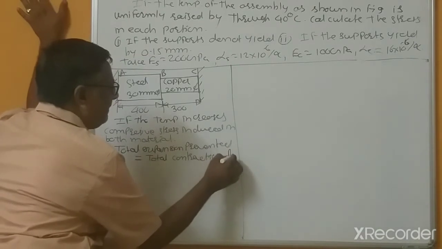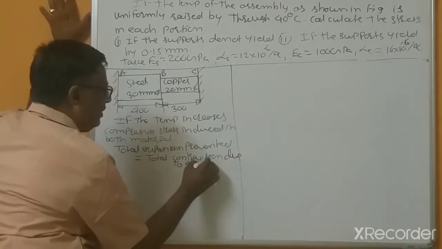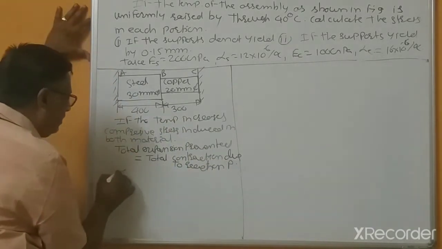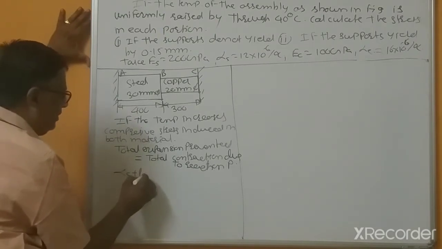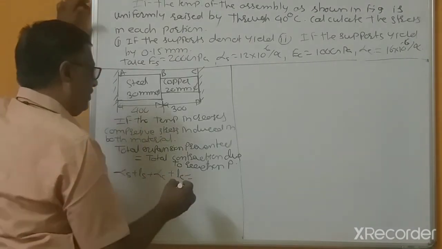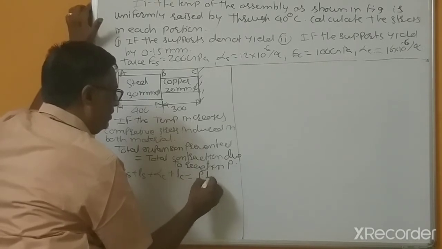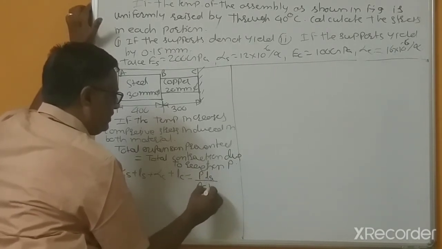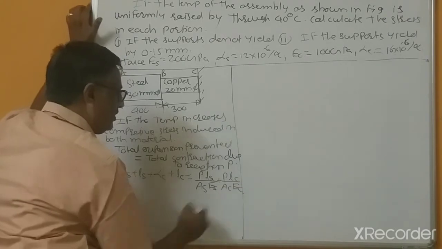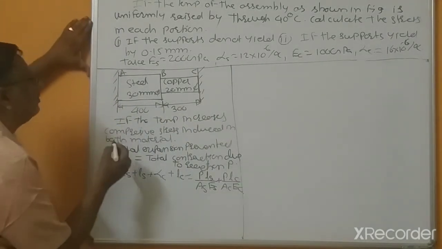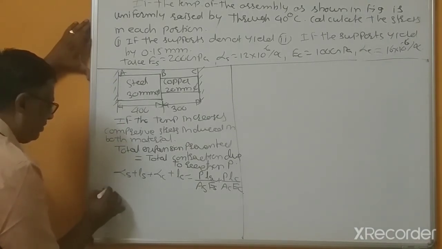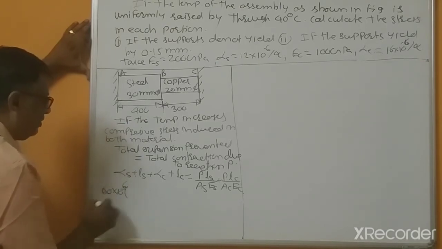Due to reaction P, right? So this expansion is prevented: alpha S T L S plus alpha C T L C equal to P L S divided by A S E S plus P L C divided by A C E C. Now the temperature rise is 40 degrees centigrade, so I directly take common 40 into 10 to the power minus 6.